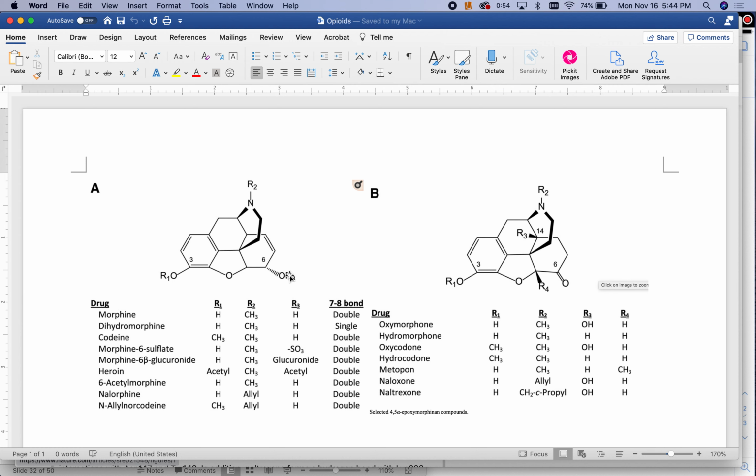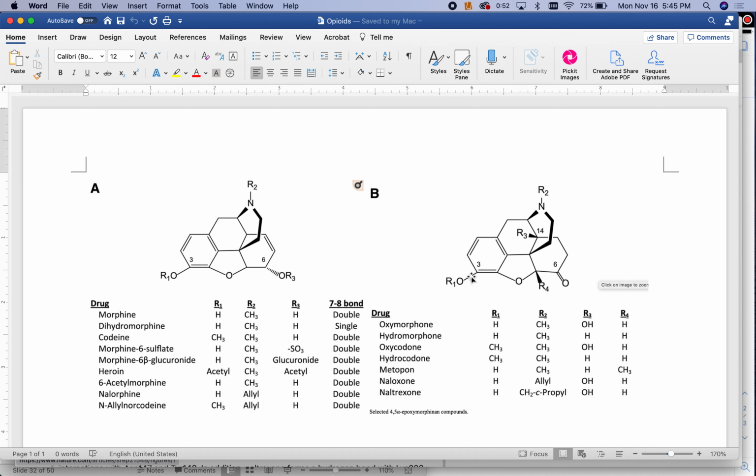Versus codeine, this is going to be an O with a CH3, so it's not going to be able to hydrogen bond from this end, whereas this will be an OH, so this can hydrogen bond. So with the drug receptor sites in your brain, morphine is much more effective for pain relief, but much more addictive also, because you've got two parts that can hydrogen bond, versus codeine, which is not as effective, and so you only have one end.